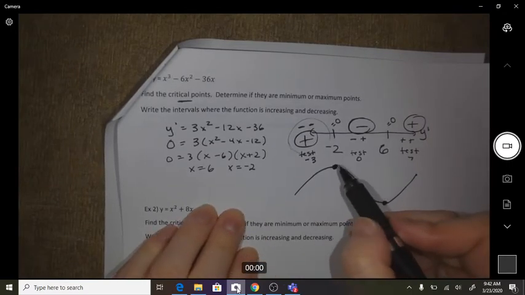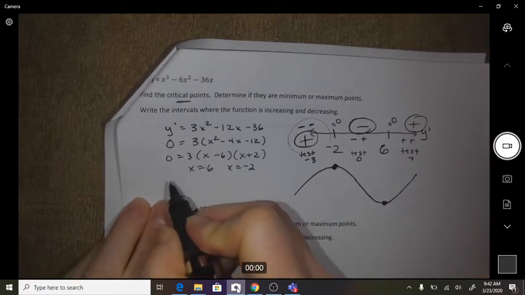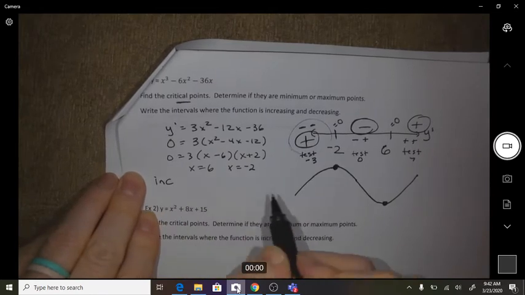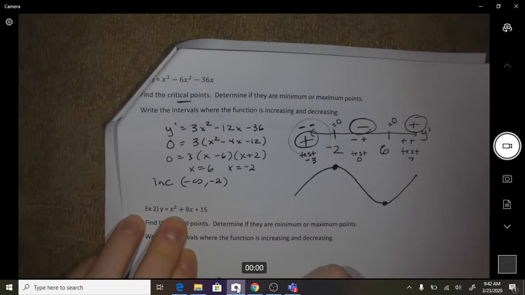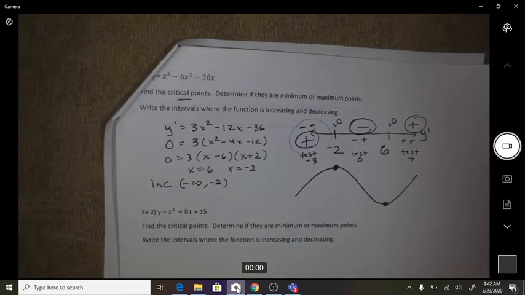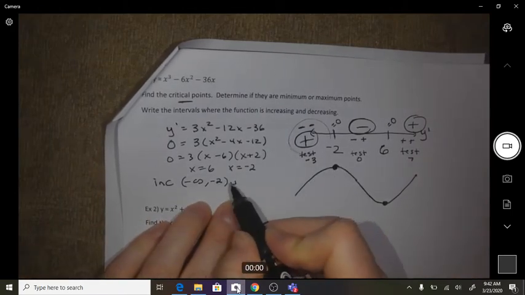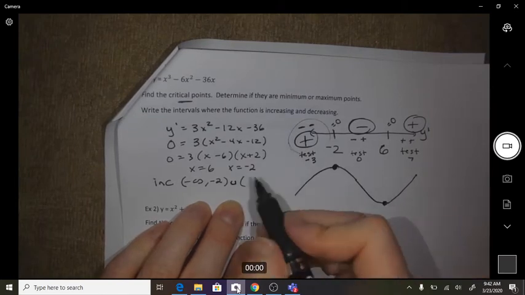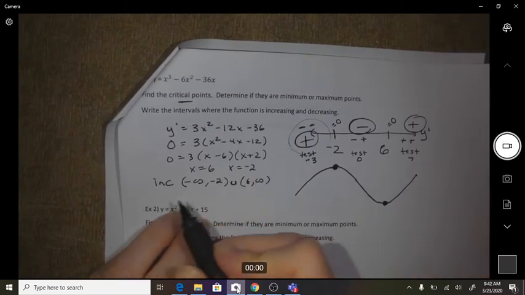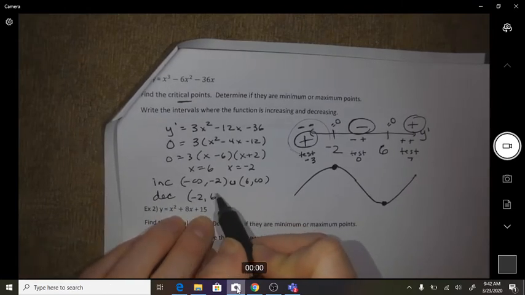Okay, so I now know it would be increasing from negative infinity to negative 2 with a round bracket, because specifically right at negative 2 you aren't increasing anymore. Also, union, it's also increasing from 6 to infinity. It is decreasing over the interval of negative 2 to 6.